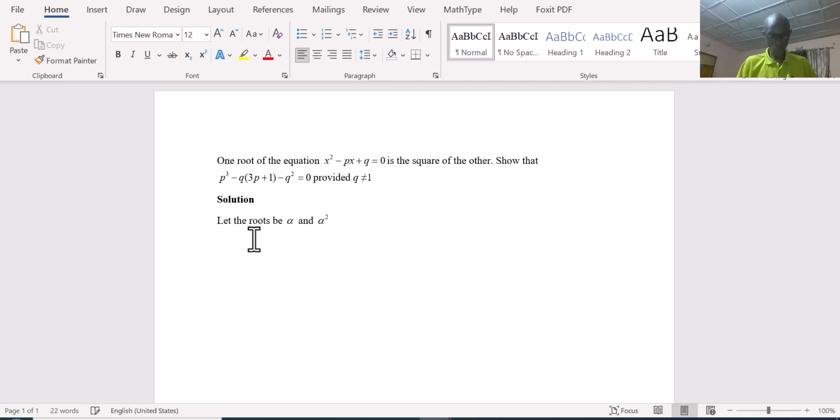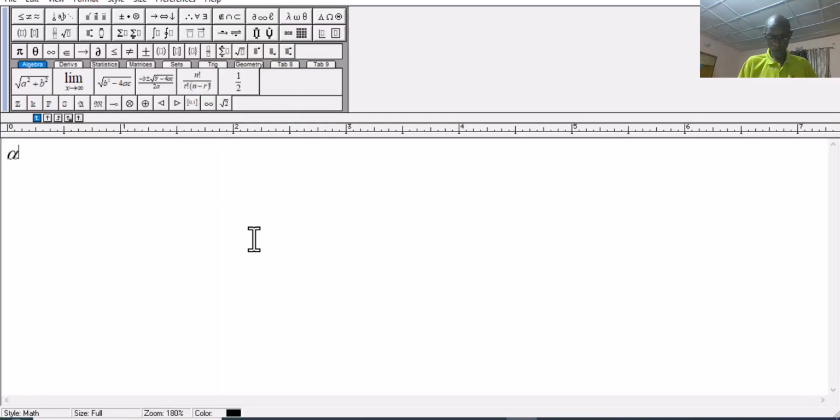So we can get the sum of roots. The sum of roots is alpha plus alpha squared, equals minus b over a. Let's look at the question again.